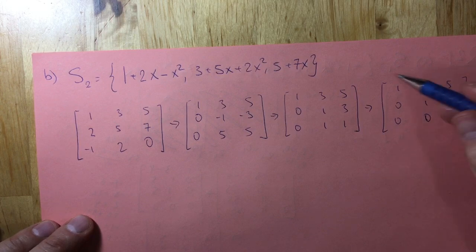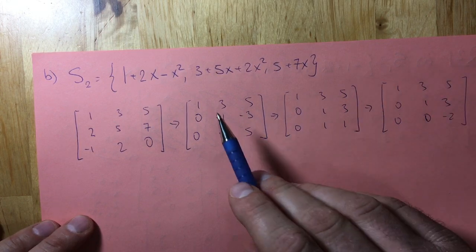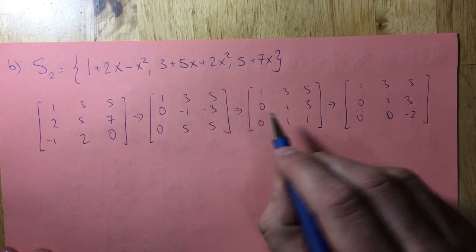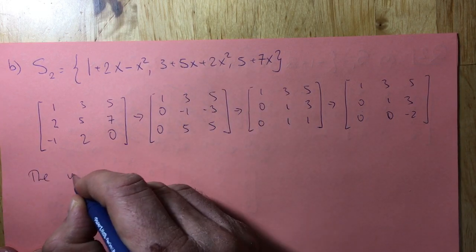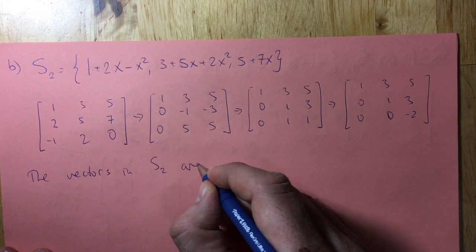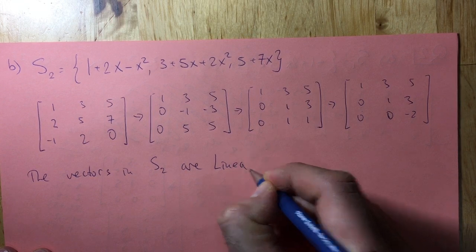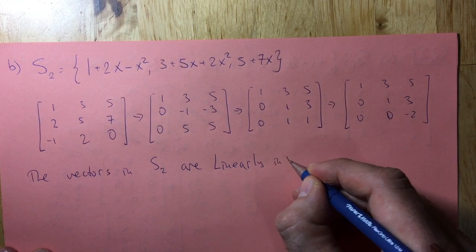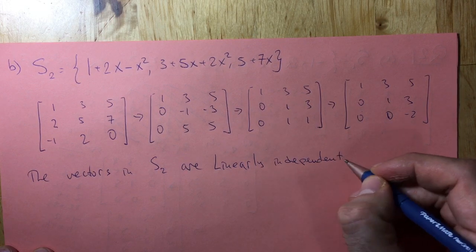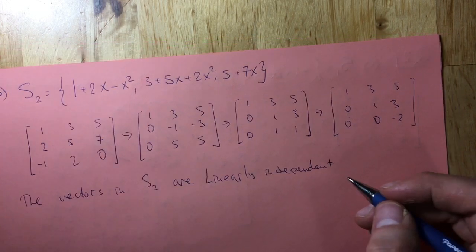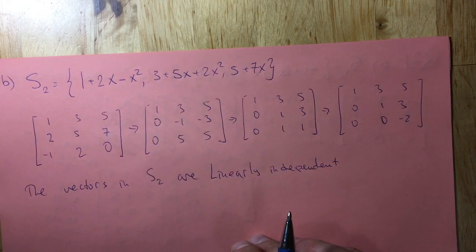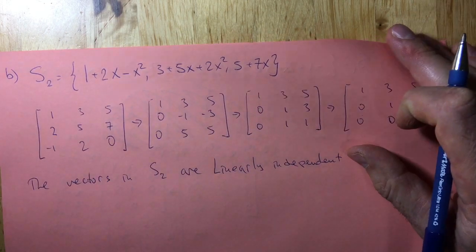Since I get a pivot in each column, that means that all of these 3 polynomials are linearly independent. Which means that the basis of the span of this set is basically these 3 polynomials, because they're independent.